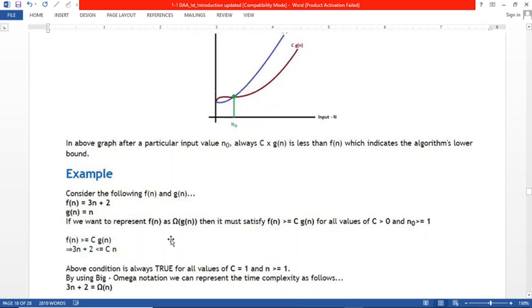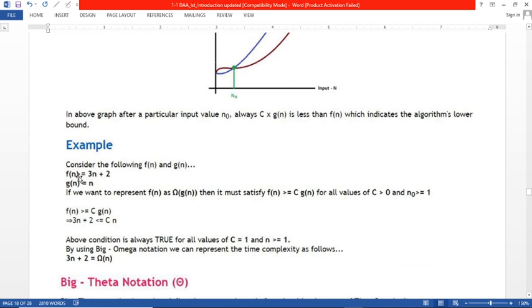So here also let's take the same example. f of n is 3n plus 2 and g of n is equal to n. If we want to represent f of n as omega g of n, then it must satisfy f of n greater than or equal to c g of n for c greater than 0 and n0 greater than or equal to 1.